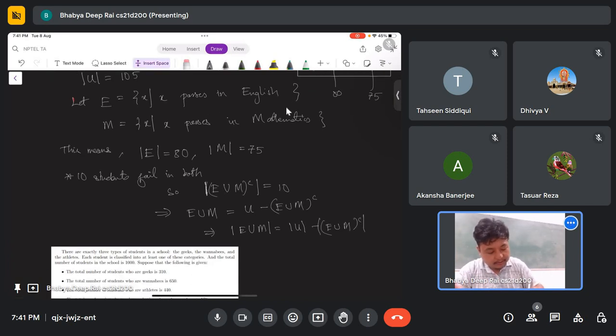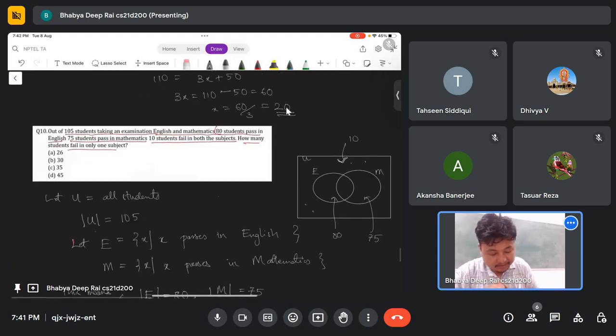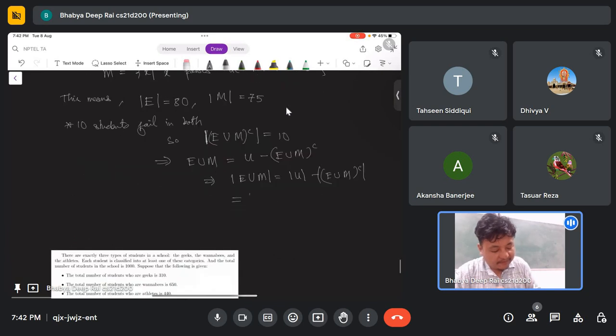Now what do you have? The size of the universe, how many students are there? 105, minus the size of (E union M) complement, 10 students, which is equal to 95. So size of E union M is equal to 95.